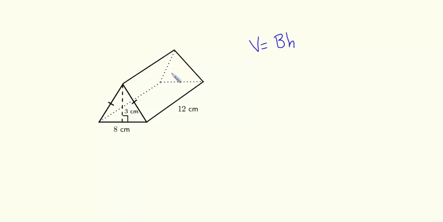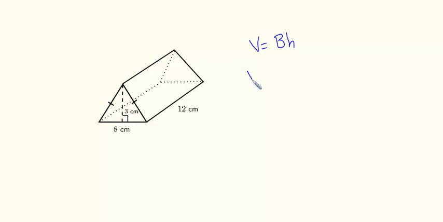And if I look at this figure, the triangles are what's congruent and parallel, not the rectangles. The rectangles are not parallel. They may be congruent, but they're not parallel. So anyway, we have a triangular base.